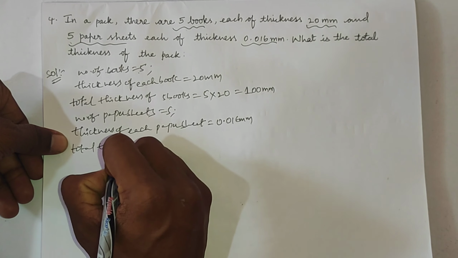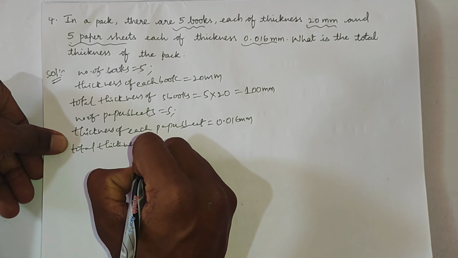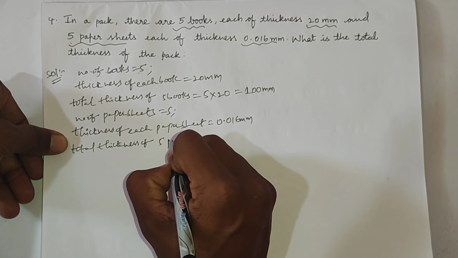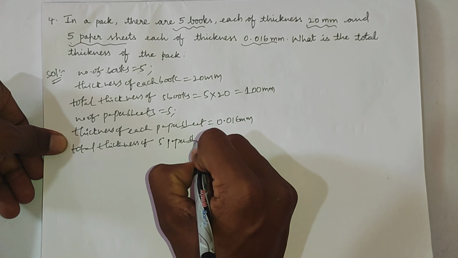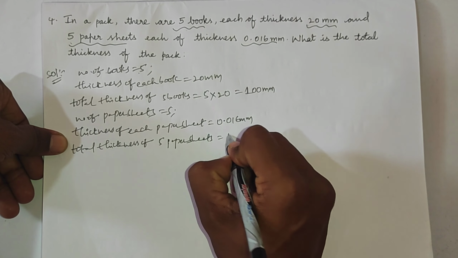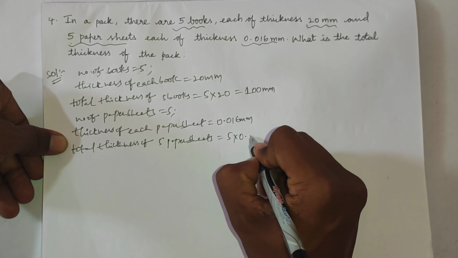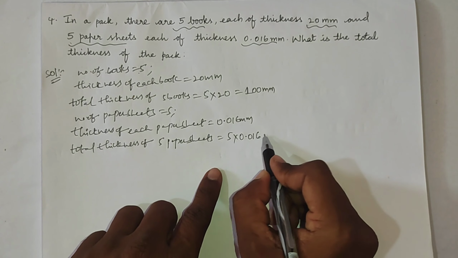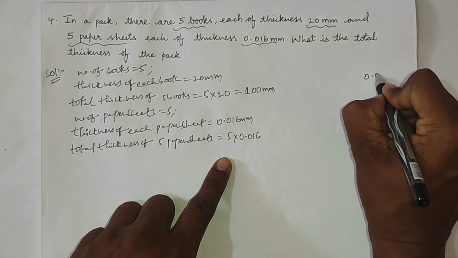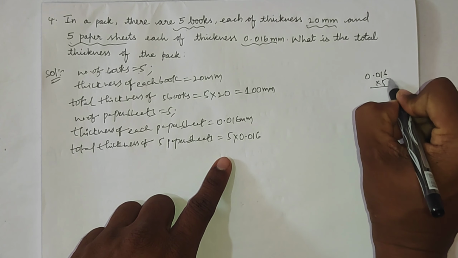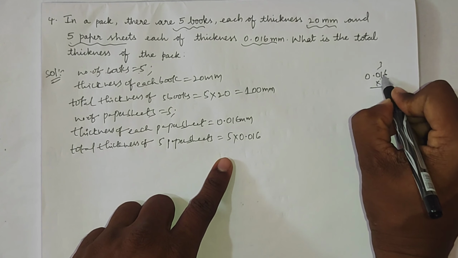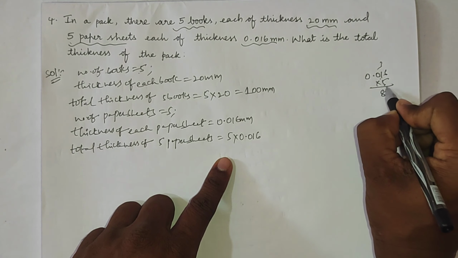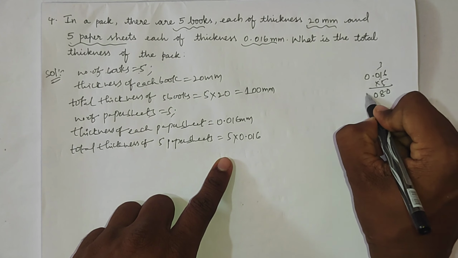Now we will find the total thickness of the 5 paper sheets. That is 5 into each one, 0.016. Now multiply: 5 sixes are 30, 5 ones are 5, 5 plus 3 is 8, and 5 zeros are 0 and 0.